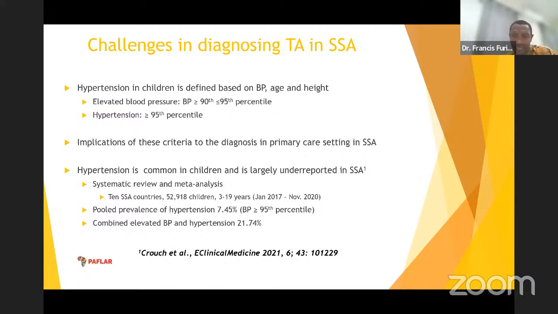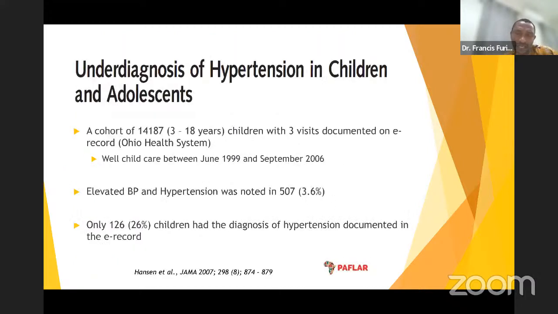We know that hypertension in children is most of the time secondary. So is it possible that some of these children presenting with hypertension could have Takayasu arteritis as one of the causes? As I said, hypertension can be difficult to diagnose. A typical example is a study done in the Ohio Health System between June 1999 and 2006.